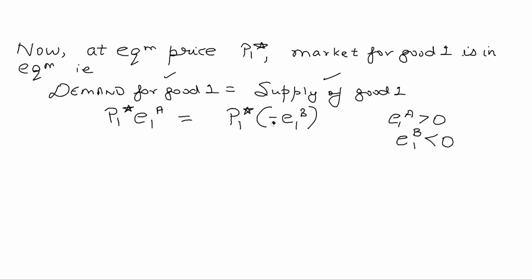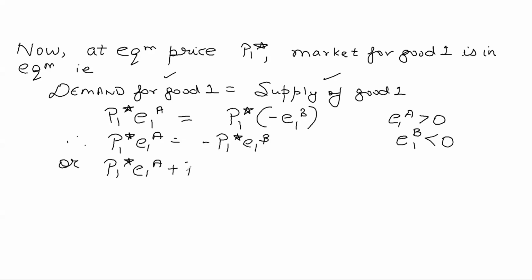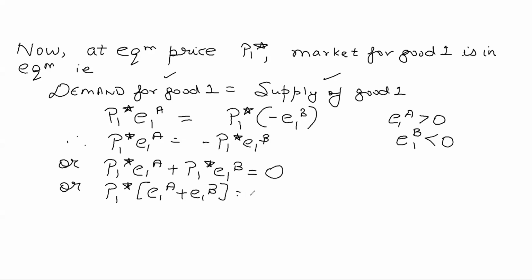So I can write, therefore, P1 star into E1A is equal to minus P1 star into E1B, or I can write P1 star into E1A plus P1 star into E1B is equal to 0, or I can take P1 star common, E1A plus E1B is equal to 0.